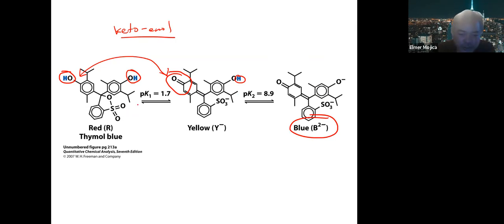So what do you think is the transition color here?